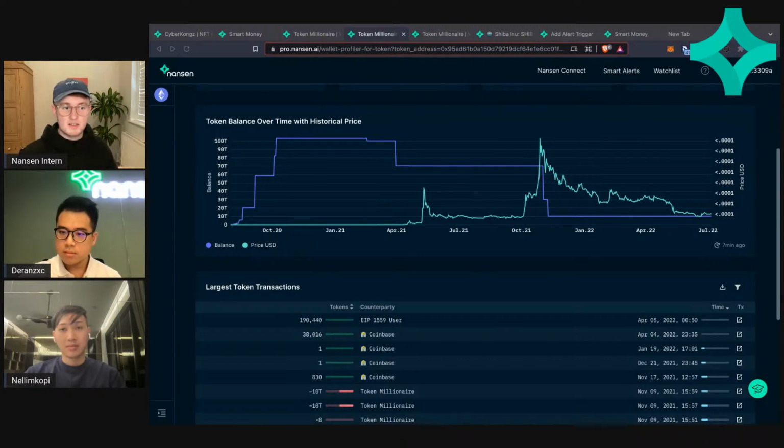So normally on Nansen, you'll see a deposit onto Binance Deposit, and that Binance Deposit sends the funds to Binance. So it's just like a 2-in-1 move. Is that a good explanation?